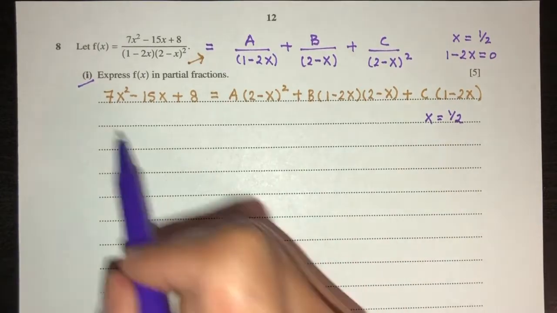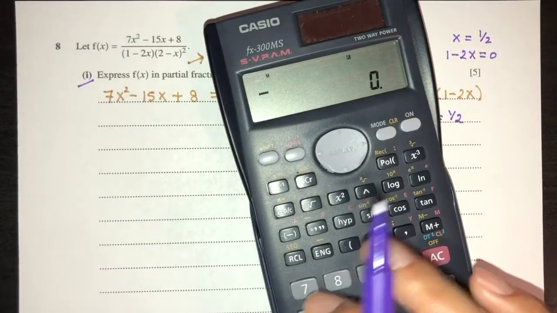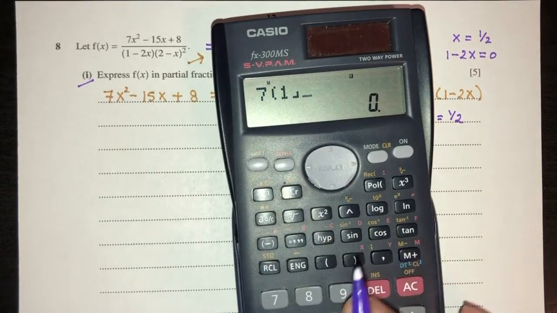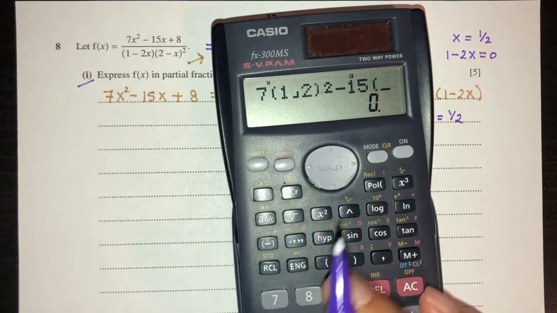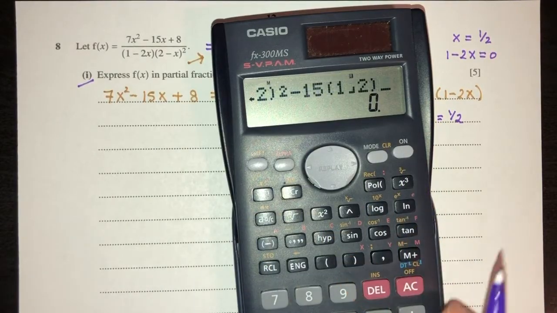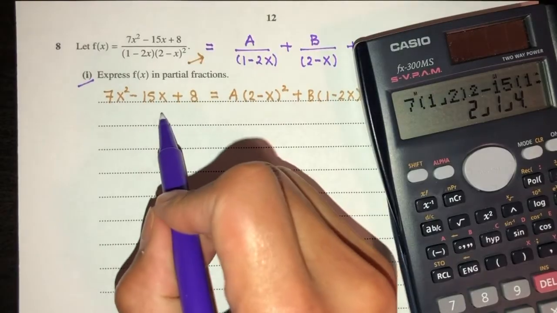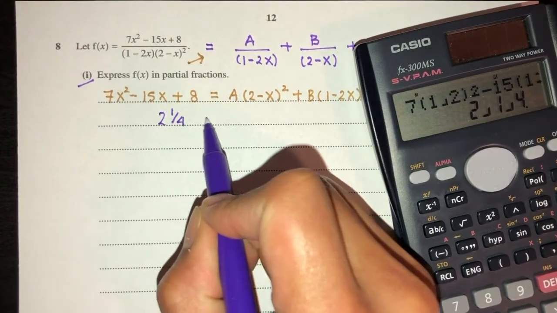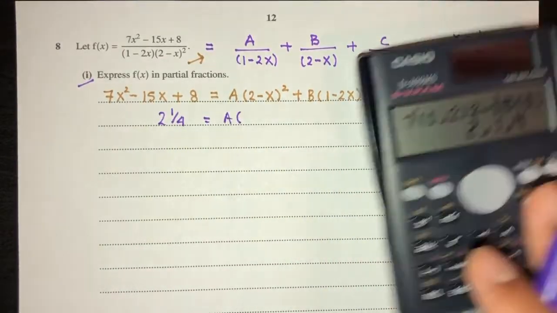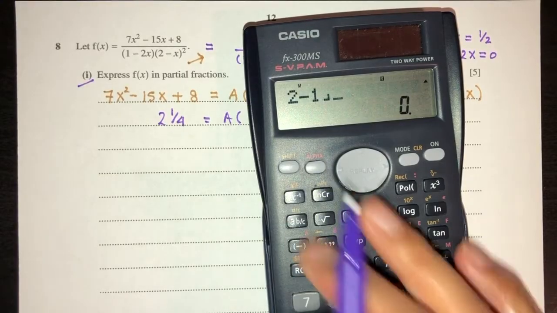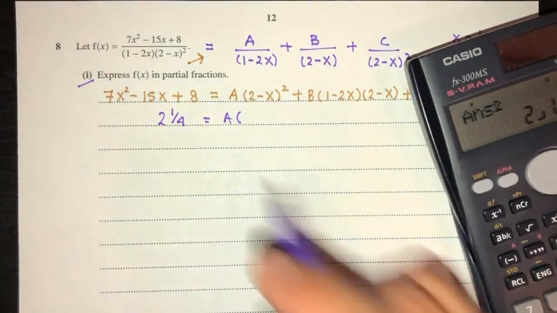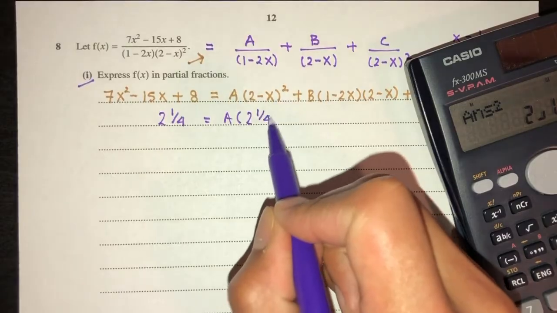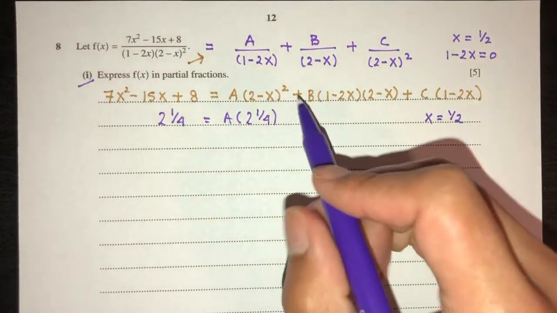So by choosing half, what value do we have? So 7 times half squared minus 15 times half plus 8. That will be 2 and 1/4, is equal to A times 2 minus 1/2 squared, the same value, and B and C will become 0.